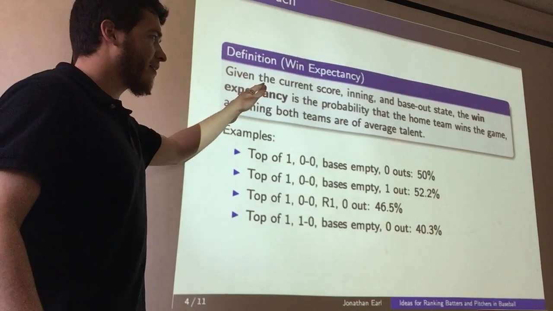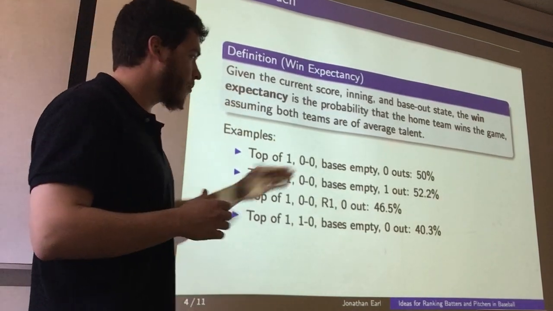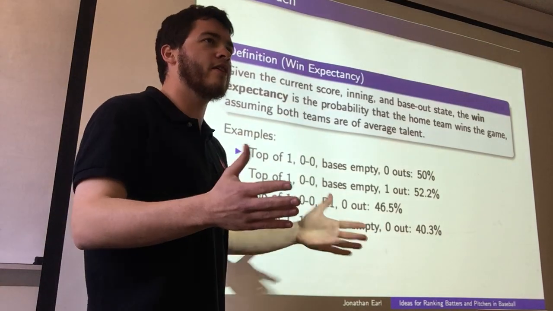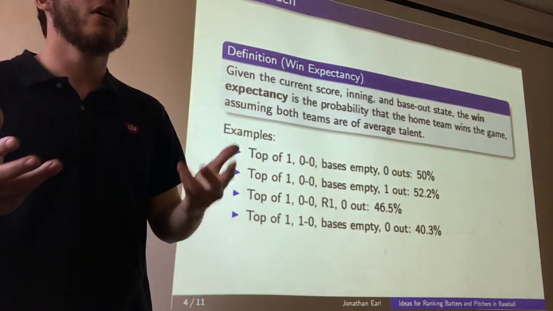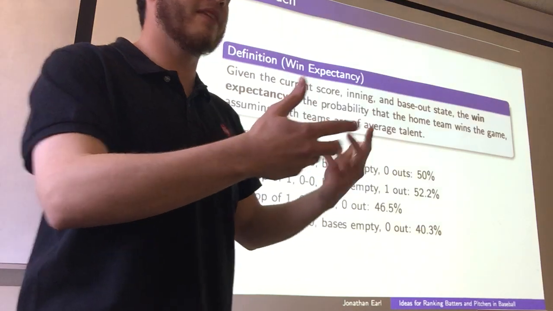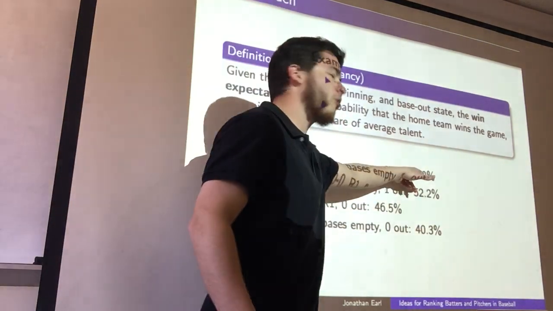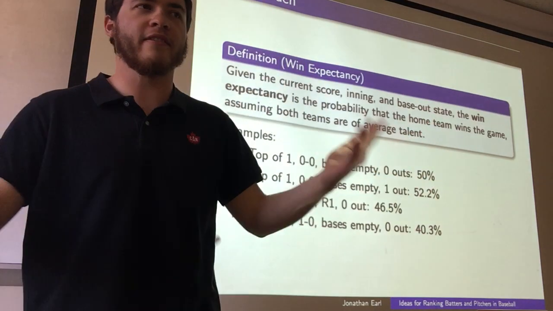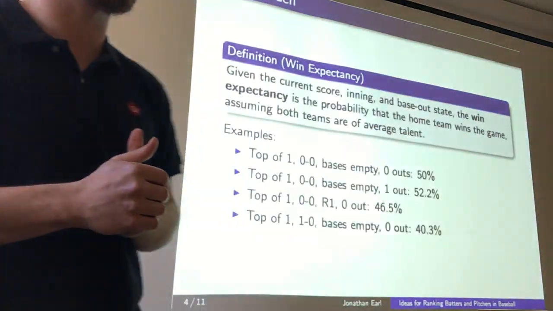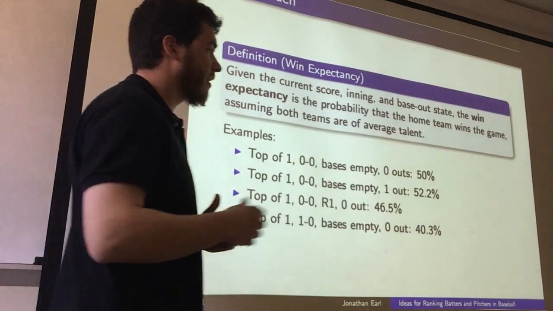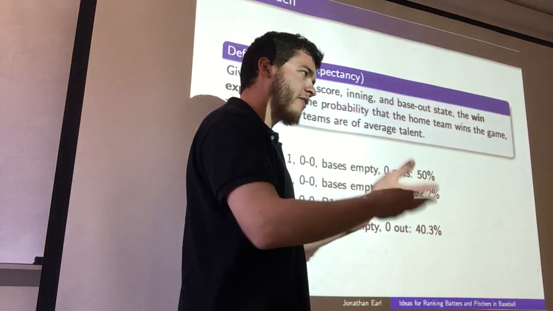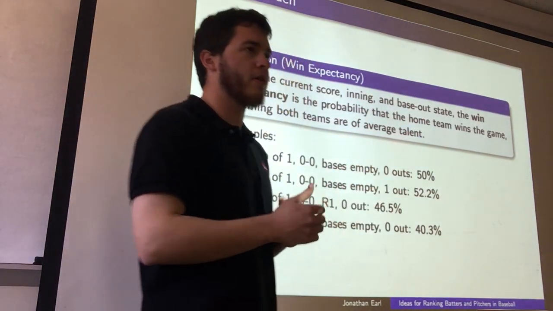A couple of quick examples of the win expectancy. When we start the game off, the score is tied at 0, there's nobody on base, and there's nobody out. Because we're assuming both teams are of average talent, it's just a coin flip: the probability that the home team wins is the same as the road team, 50% both ways. But after the first batter does something, the win expectancy will clearly change a bit.